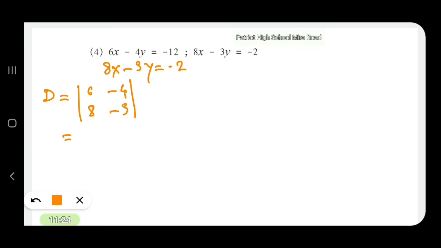Solving it, we have minus 18 and minus of minus 32. So 32 minus 18 will be minus 14.